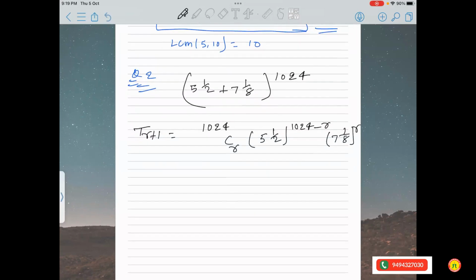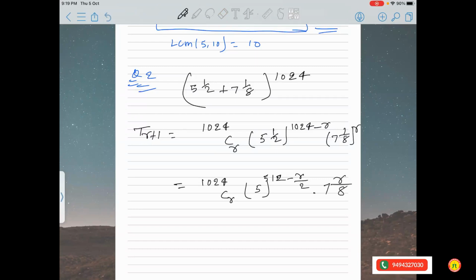So now it becomes 1024Cr, 5 power (512 minus r by 2), into 7 power r by 8, right?